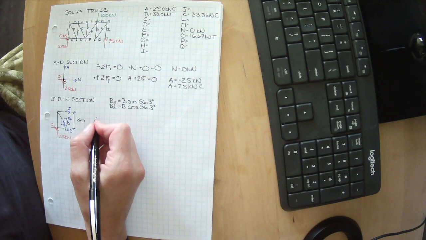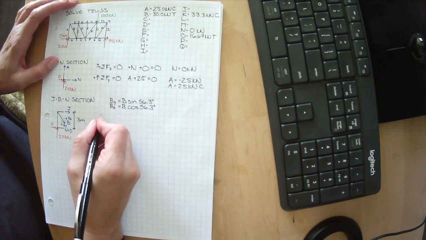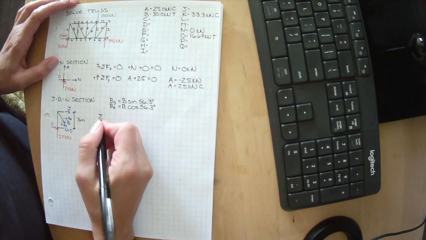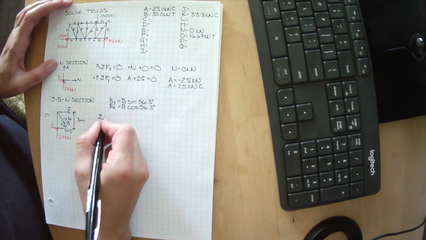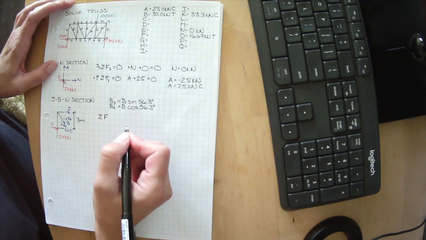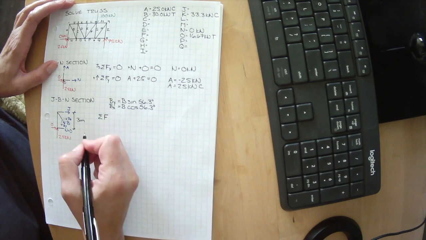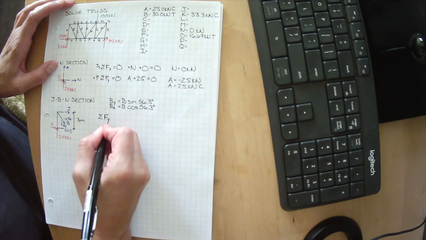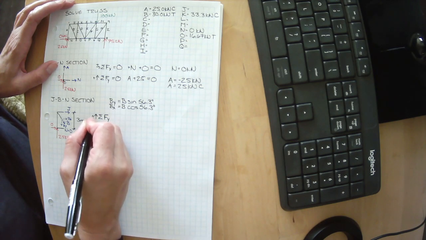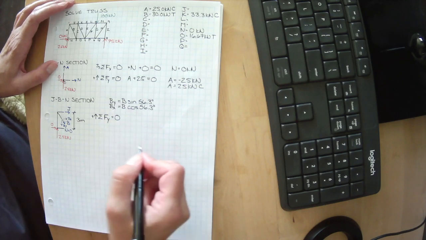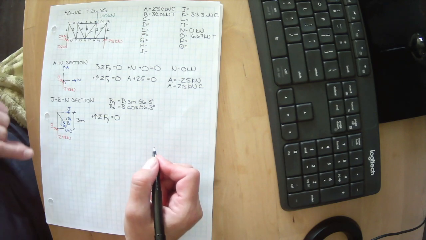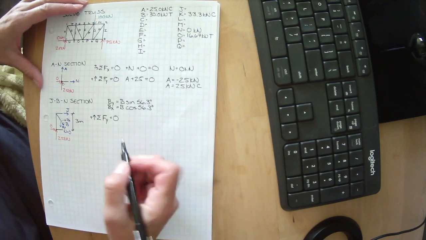So let's start by summing our forces in the Y direction first. Doesn't matter, we can do it in whatever order we feel like. So I'm going to sum the forces in the Y direction where everything upwards is positive.